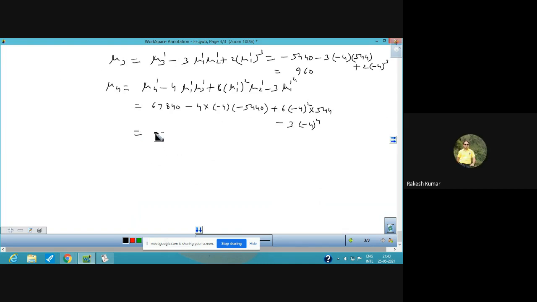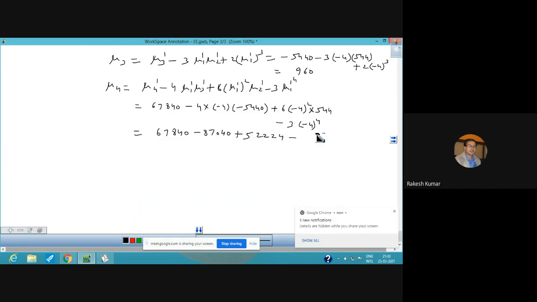This comes out to be 67840, and this will be negative, and you will have 16 into 5440, that is 87040, and it will have positive value, and you will have 96 into 544, which is 52224, and you will have 256 into 3 is 768.